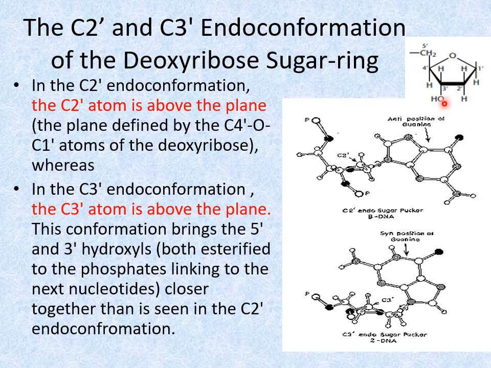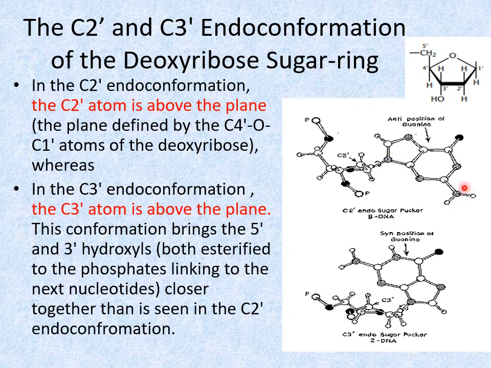Now, one thing is clear, that if this C3 prime part is above this plane, then the distance between the C3 prime and 5 prime carbon is reduced, and this will be the case in the C3 prime endo conformation. So the second thing that is very obvious from these two figures is the orientation of the guanine, the position of the guanine molecule.